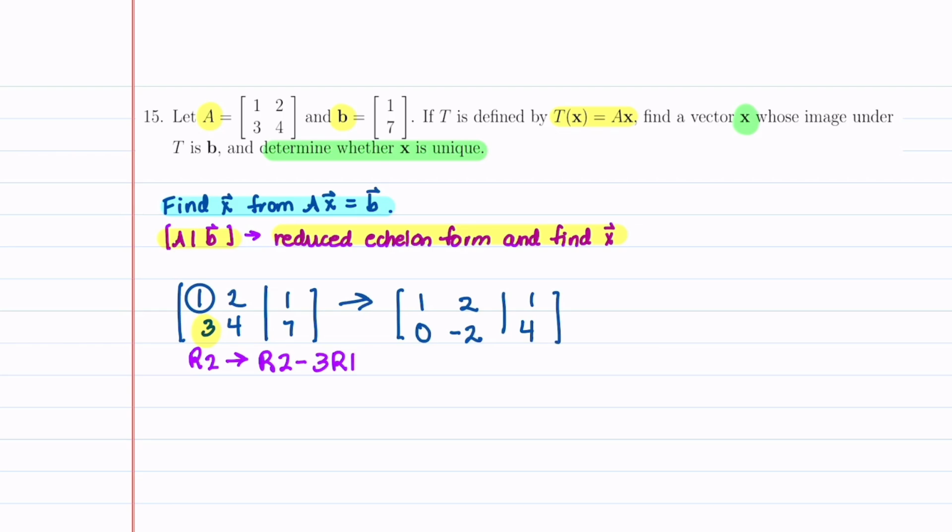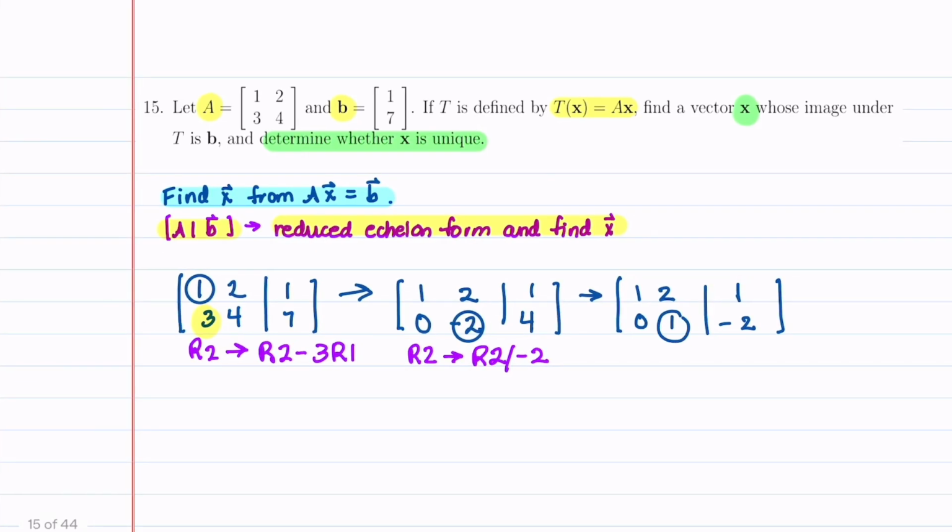Now let's go ahead and we'll circle our next pivot. We need this pivot to be a 1, so we're going to take row 2 and replace it with row 2 divided by minus 2. We're just going to scale row 2. So our bottom row becomes 0, 1, minus 2, and then our top row stays the same. Let's now go ahead and circle our pivot again.